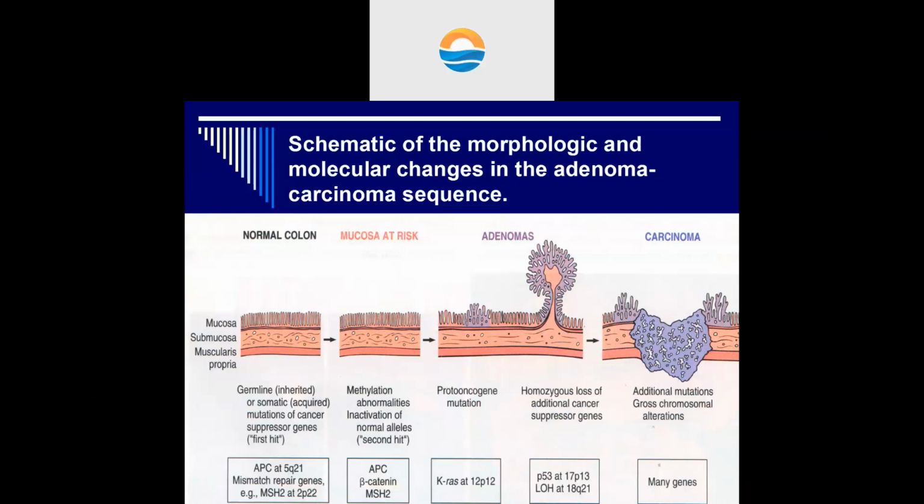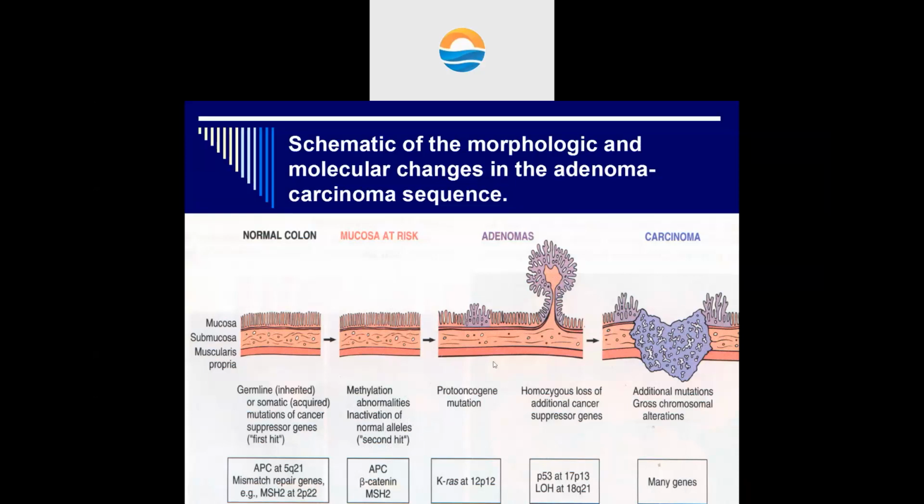So here you see the sequence of events in case of adenoma and adenoma formation followed by carcinoma. So here you see the normal colon, then mucosa at risk in case of inactivation of normal alleles, so-called second hit.